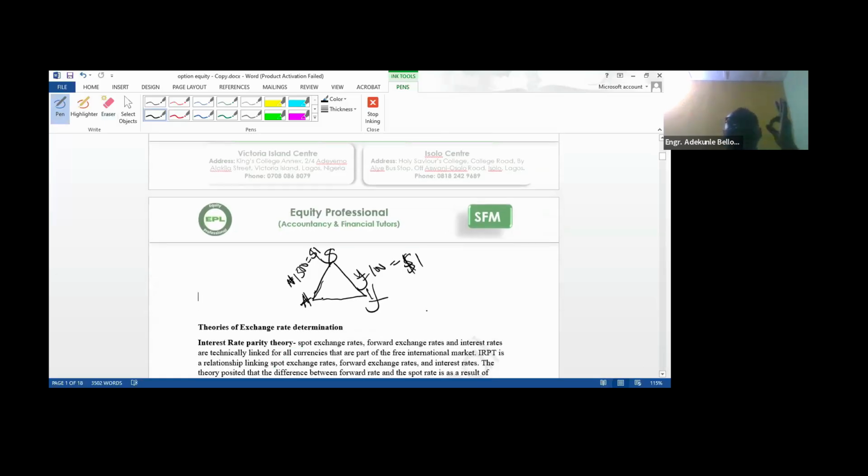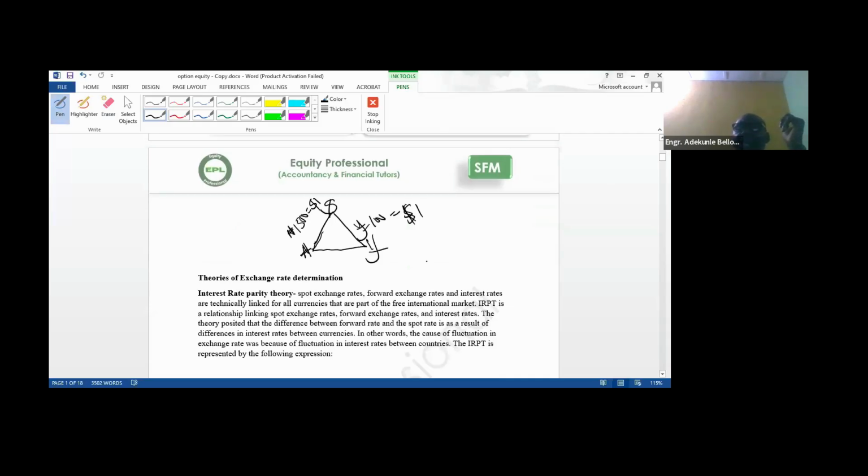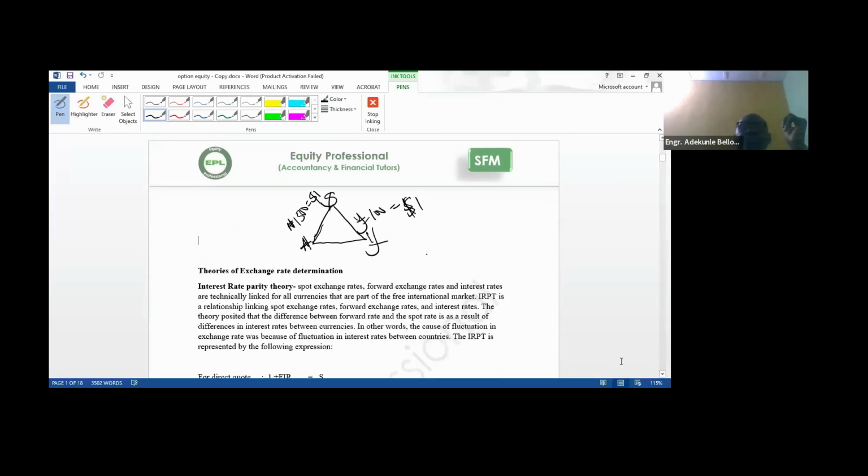There's a relationship between naira and dollar. There's a relationship between yen and dollar. But there's no relationship between naira and yen.